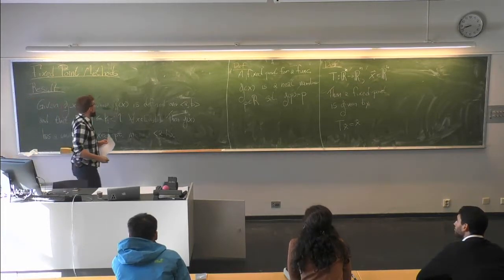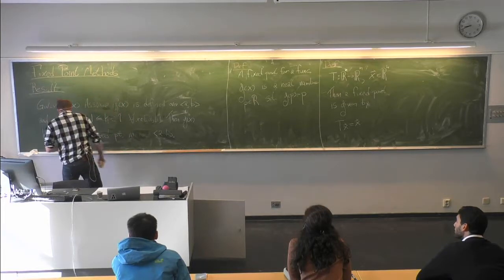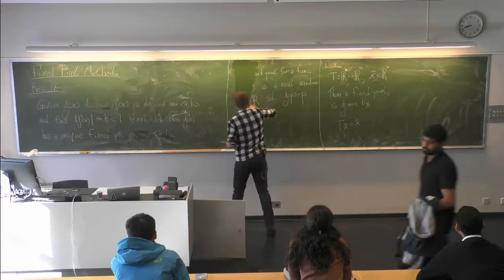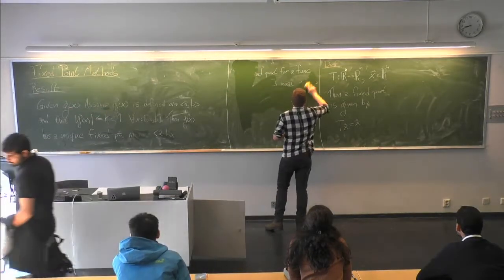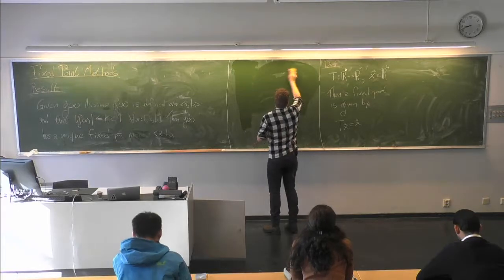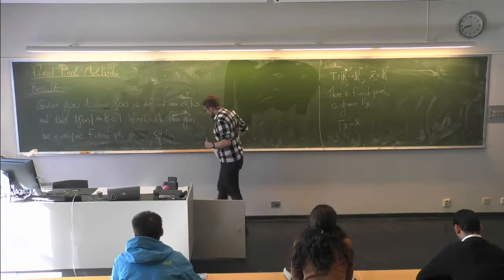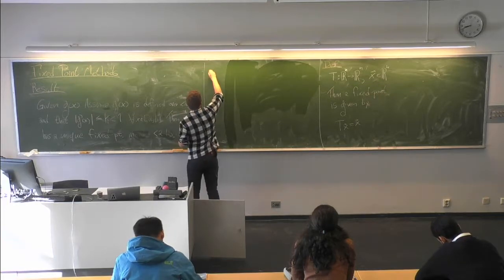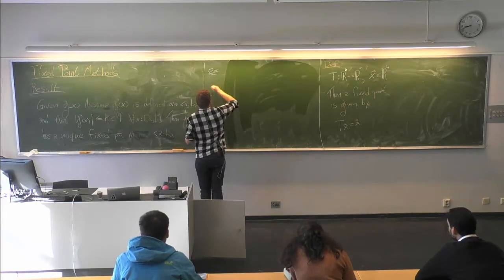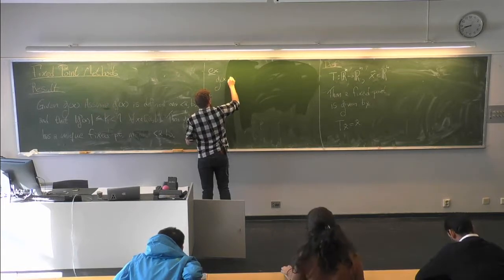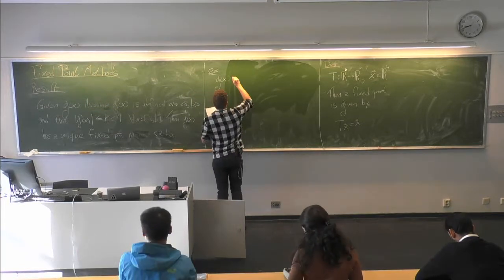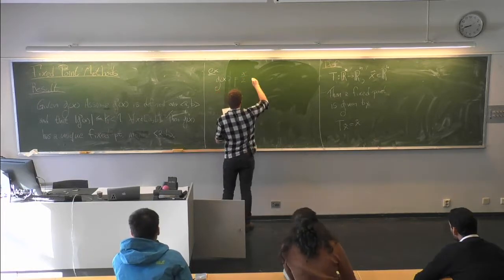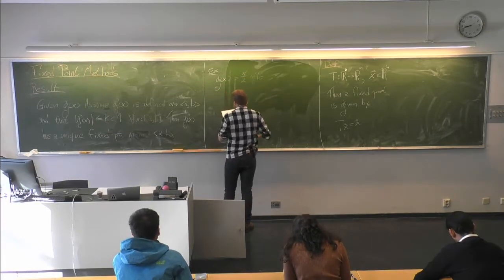So an example of a function like this is g of x equals x over 2 plus 10.